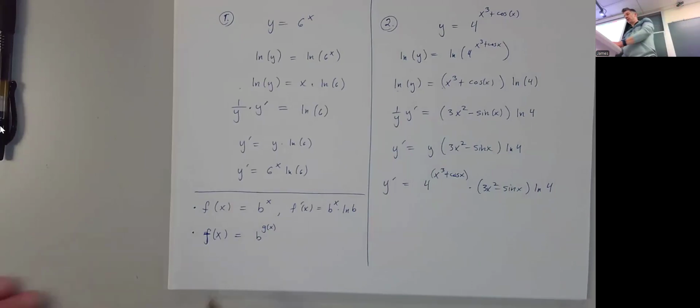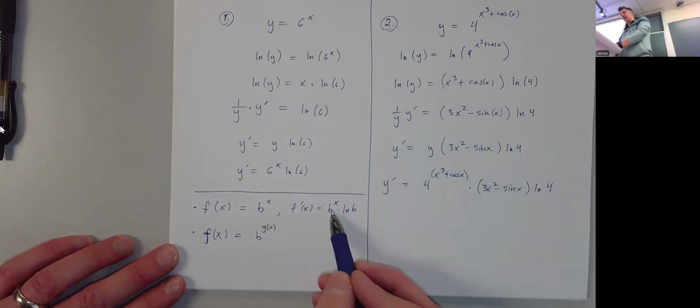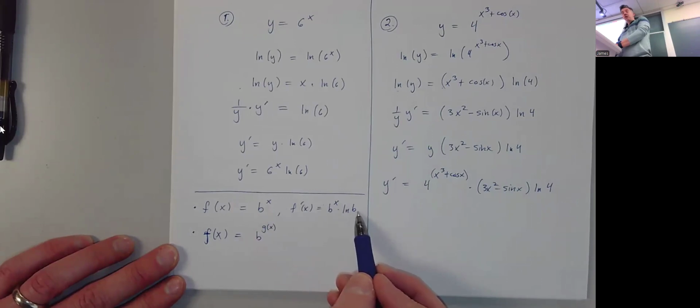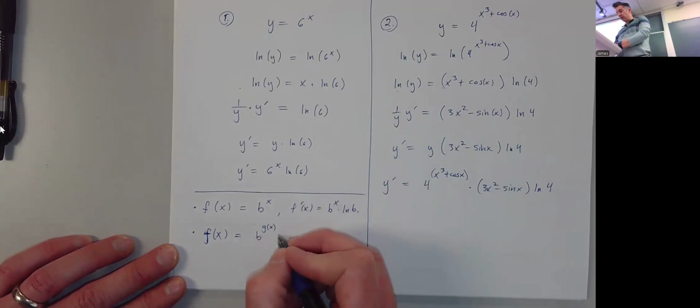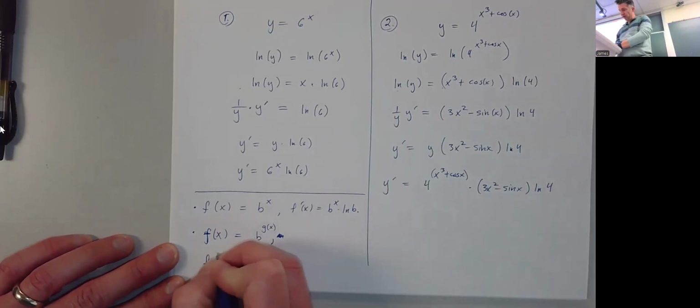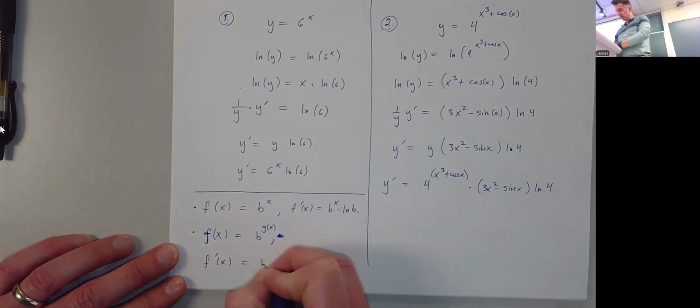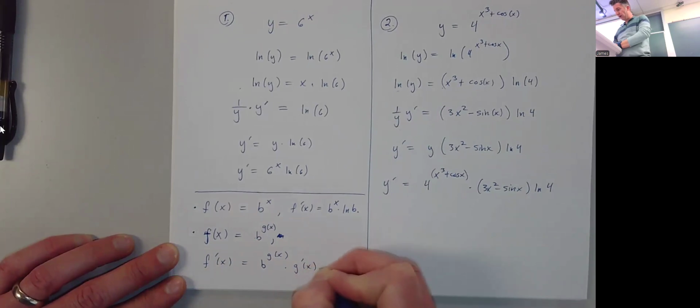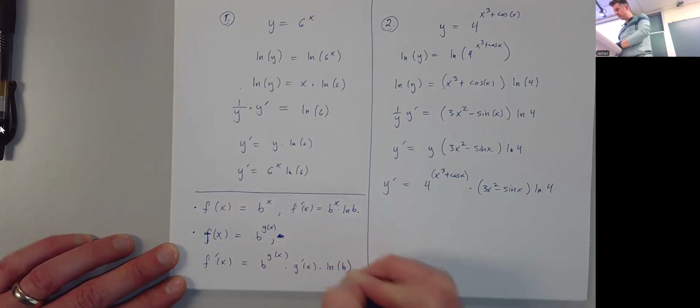So just like the derivative of b to the x is b to the x times natural log of b, the derivative of b to the stuff is going to be, apologies, I should be writing a comma there, not an equal sign, b to the stuff times the derivative of the stuff, and then the natural log of b.